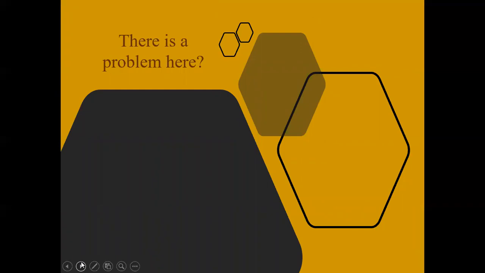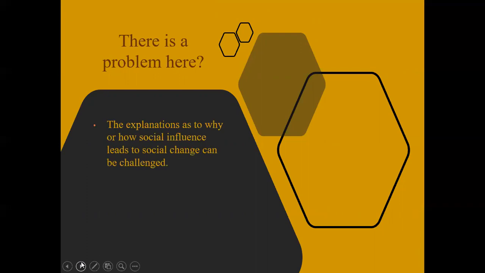Let's move on to a little bit of AO3. There is a problem here. If we're using these studies, Asch, Zimbardo, Bickman, all these studies, and Milgram, it does lead to a problem, right? That's what we're going to focus on here.